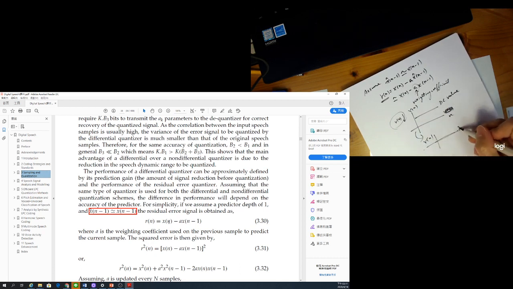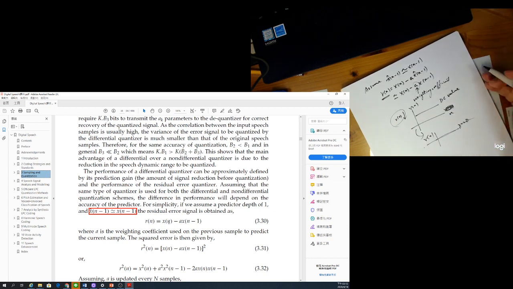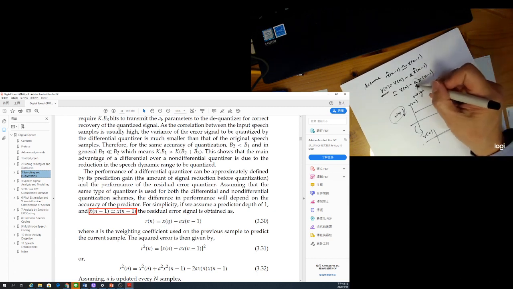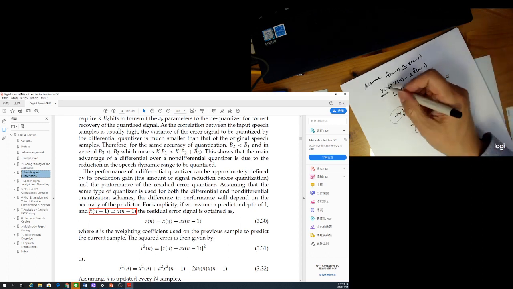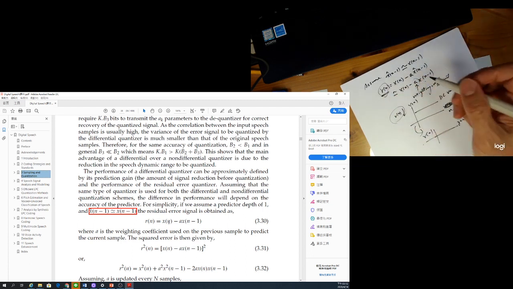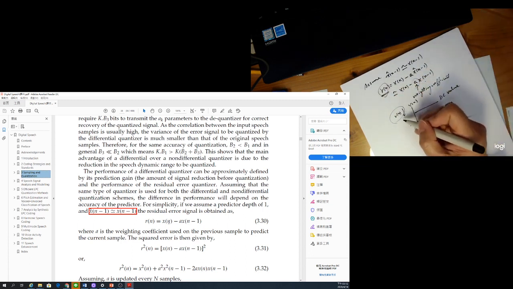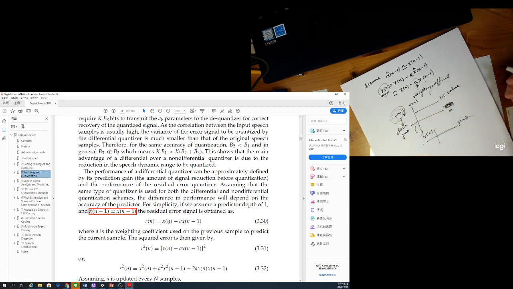All the signal becomes 0. So if you select a good prediction coefficient, the weighting coefficient, and do a good prediction, we hope the dynamic range of R of n becomes smaller, or that R of n gets close to 0. We try to make sure it is close to 0.